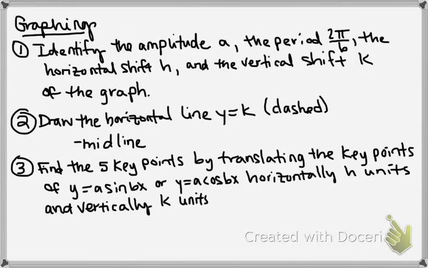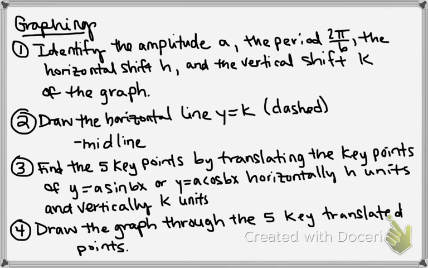And then the cosine started up at the high point, back down to the middle, all the way down to the minimum, back up to the middle, and all the way back up to the top. So the sine curve was like a hill and a valley, whereas the cosine was just one big valley. So take those 5 key points and translate them according to your h and your k: horizontally, h units, and vertically, k units.